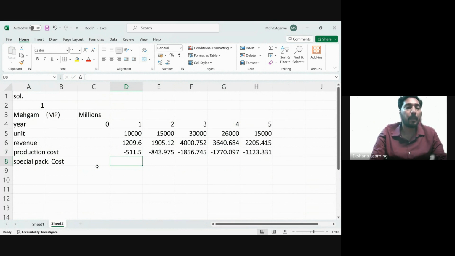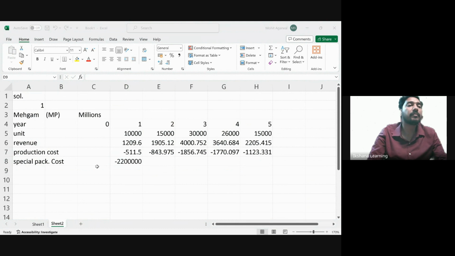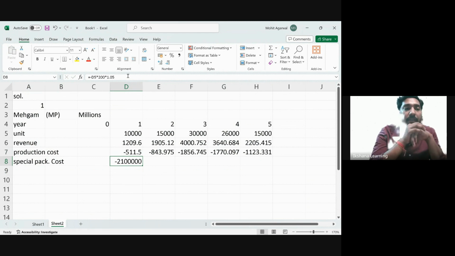Now it says there's inflation, so negative. Multiply 200 by 1.1. Sorry, the inflation rate is not 1.1, it's 1.05. Let me correct it. But this answer is in dollars.